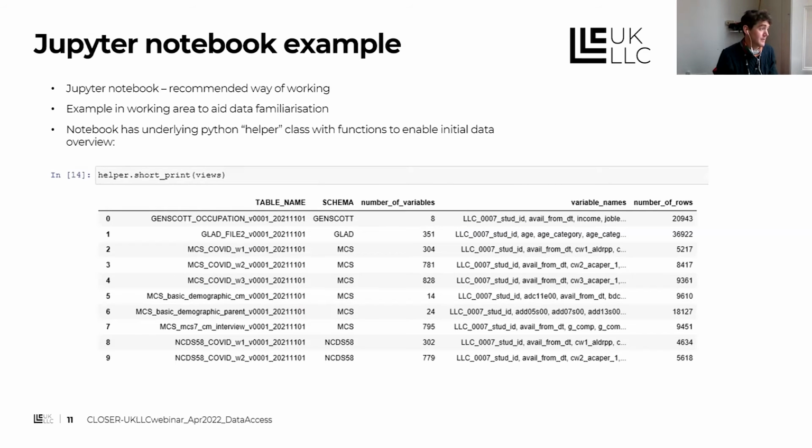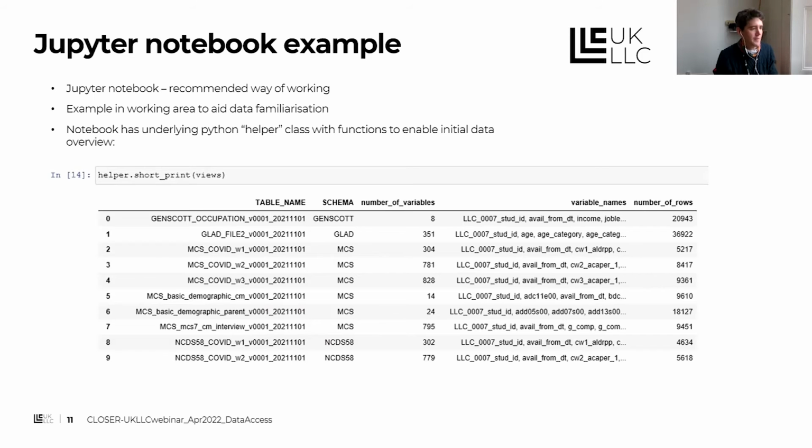And if you are a first-time user of Jupyter notebook, we've set up a getting started notebook, which will pull your data and give you some basic stats about what you have.